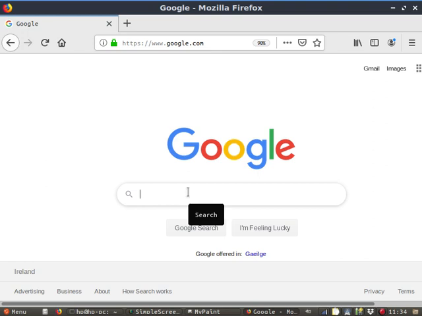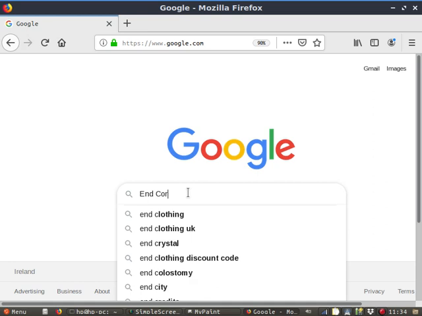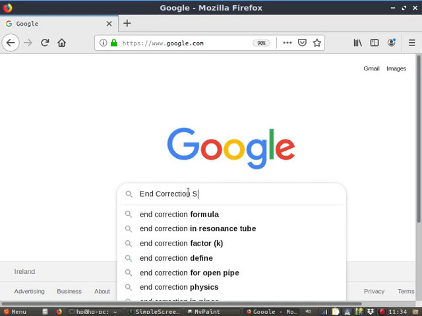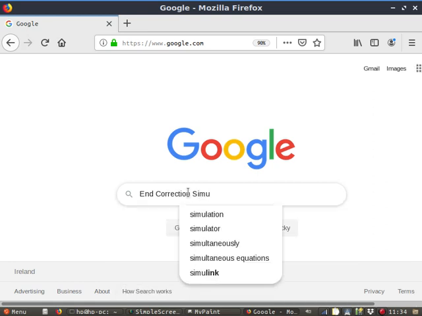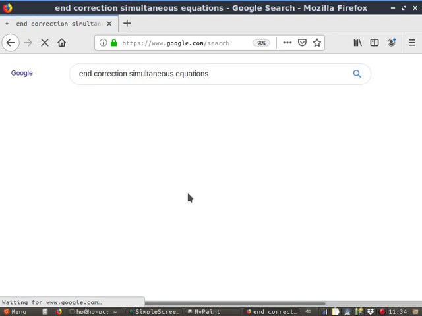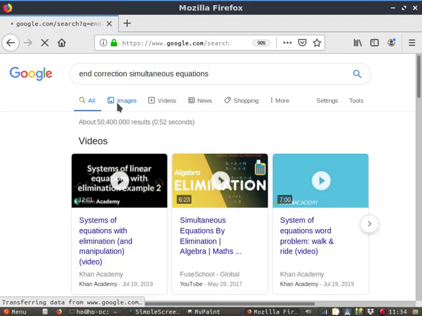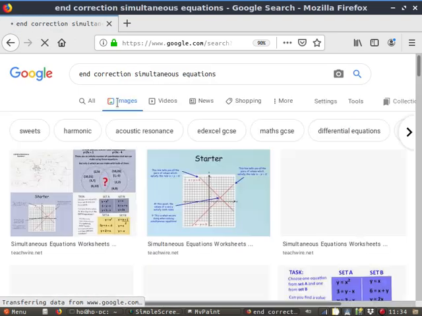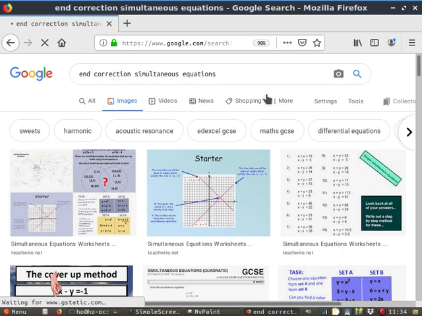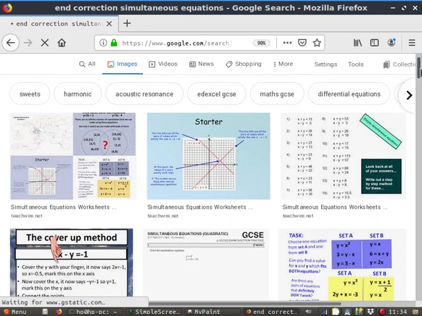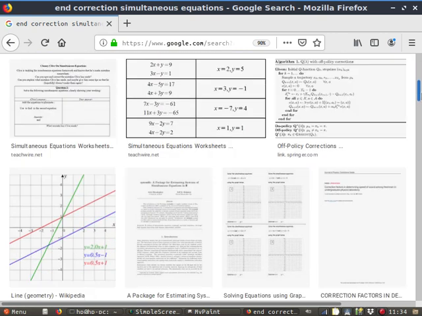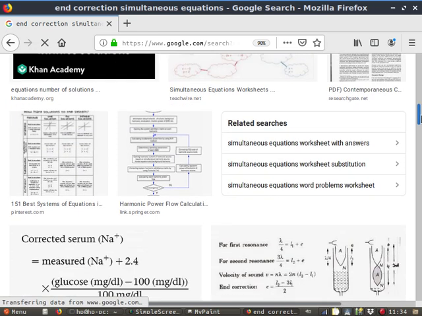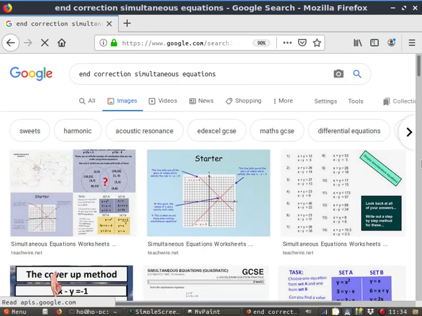We used an approximation. We didn't do it as a simultaneous problem. I'm not quite seeing physics and the end correction in simultaneous equations.